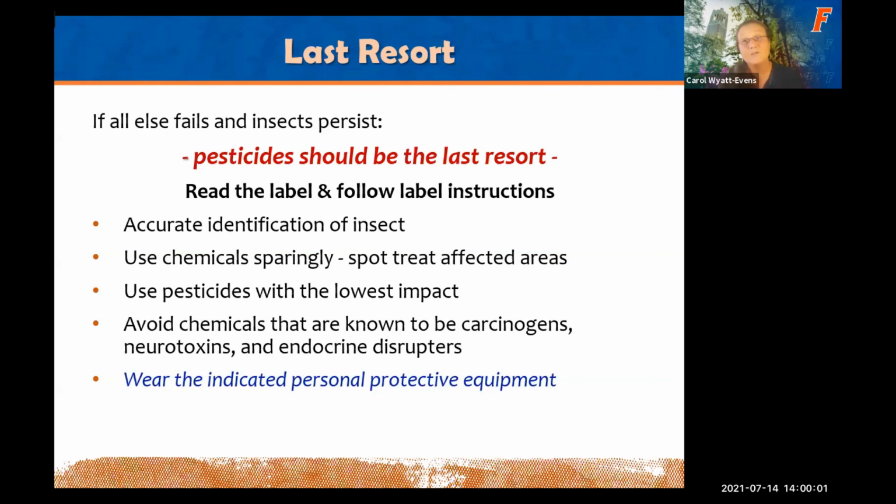But if it says that you really need to use gloves and a long sleeve shirt, you really need to be using those, because they've tested that product with that in mind, and that's going to keep you safe. So just remember, anything you use is used to kill something. So your safety should come first. There's only one of you, so take care of you and make sure you follow that label.